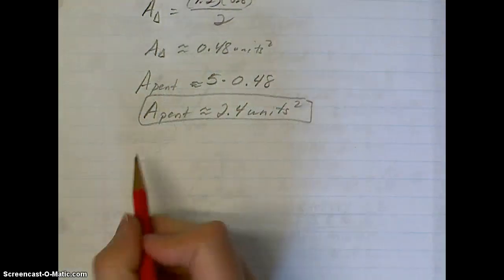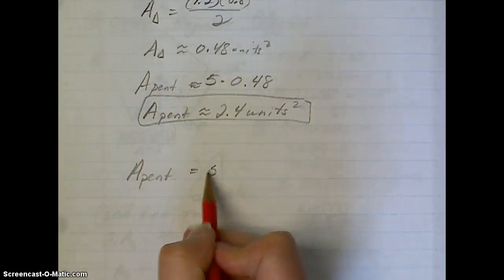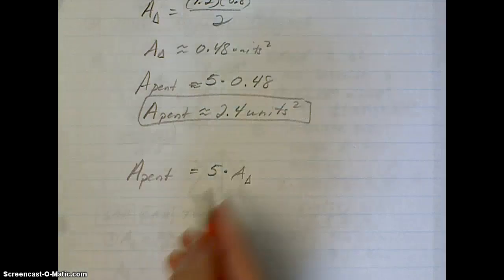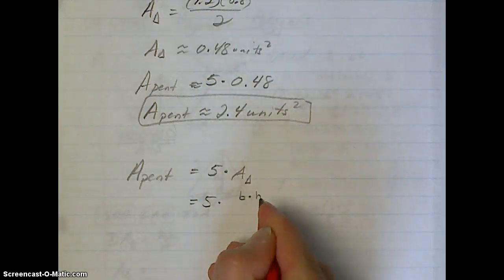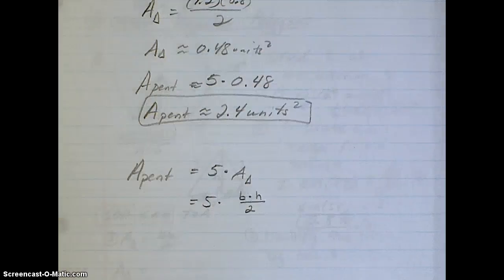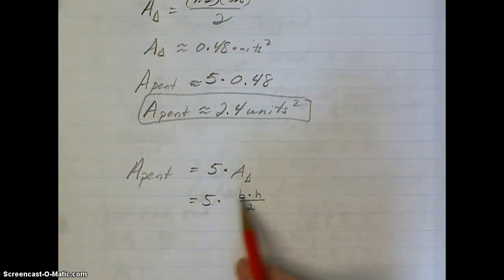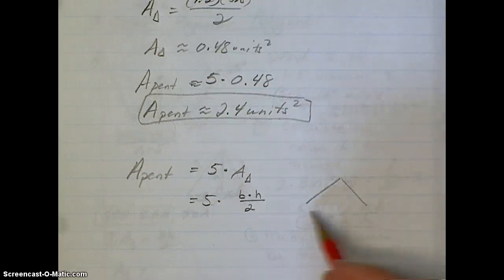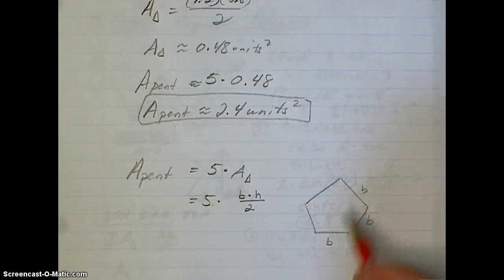The area of this pentagon, we just did 5 times the area of our triangle. And we know the area of the triangle is the base times the height divided by 2. Now 5 times the base. Well, on my pentagon, each one of these sides was kind of like the base of that triangle, right?